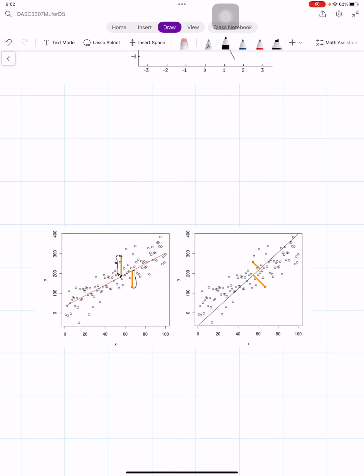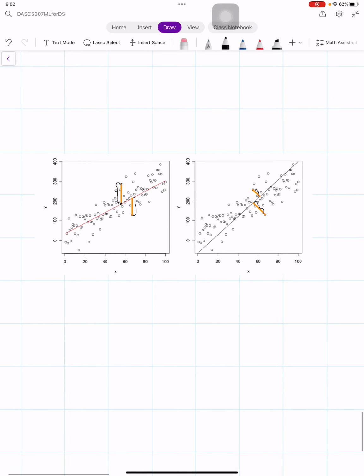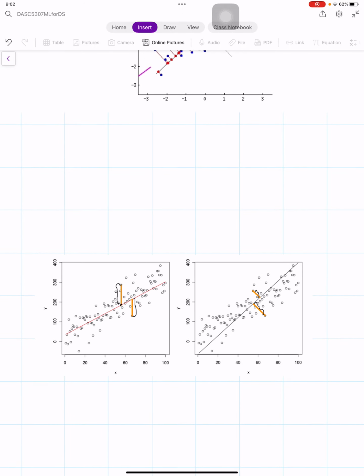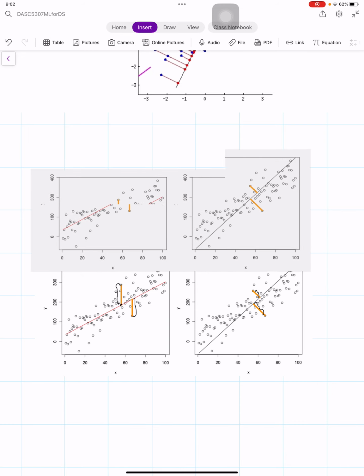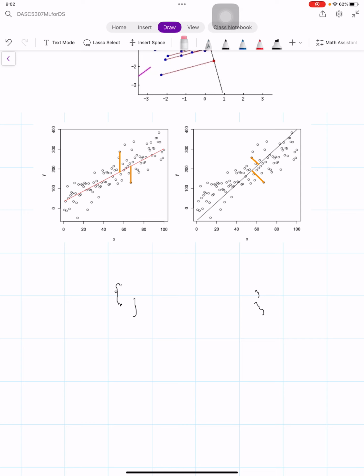But in principal component analysis, we minimize the projection distance. So that's the difference between least squares regression and principal component analysis. I will give you two pictures here. So that's the third interpretation.